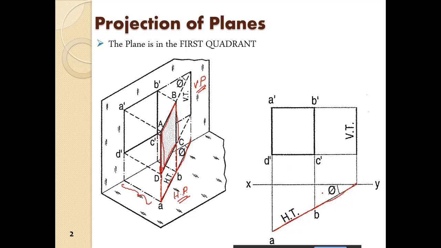So definitely we have to maintain this angle of inclination of the plane. Then we extend it upward to find out the vertical trace. We extend it upward in this manner.